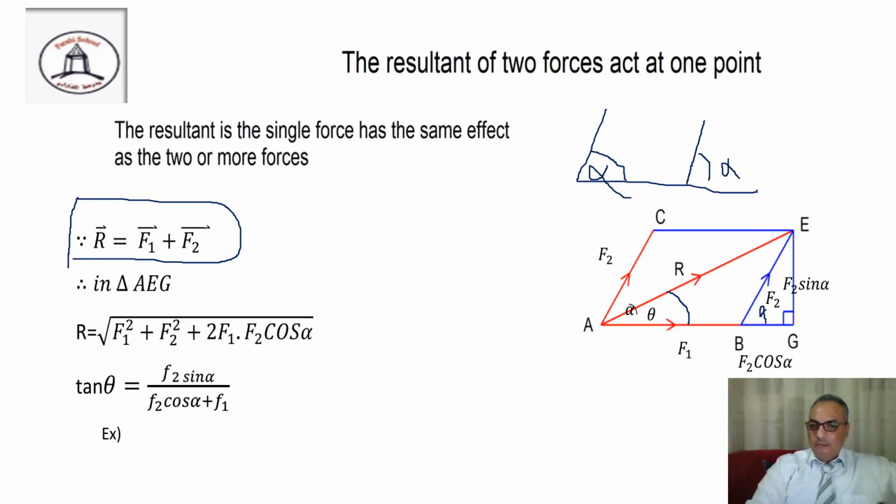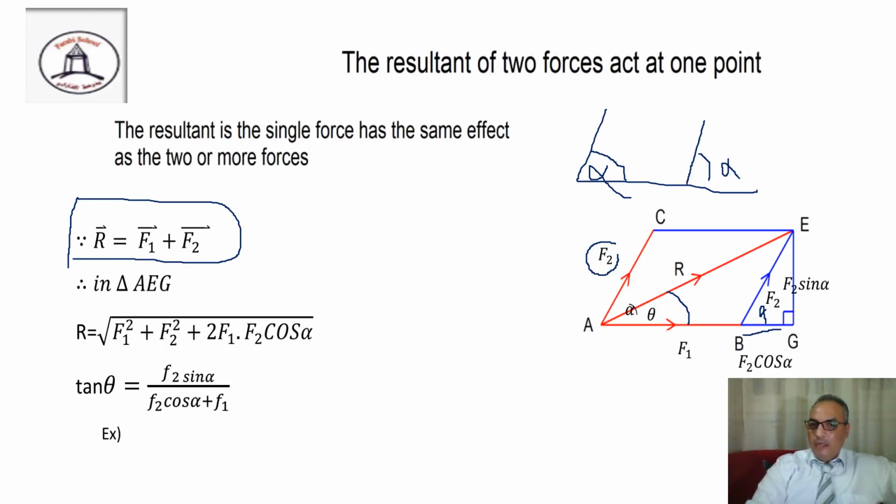In this triangle, you can find the side BG equals what? F2 cosine alpha. Why can you write F2 here? BE is parallel to AC, so the effect of F2 here will be in BE, from the properties of the parallelogram. And GE, opposite to alpha, equals F2 sine alpha.